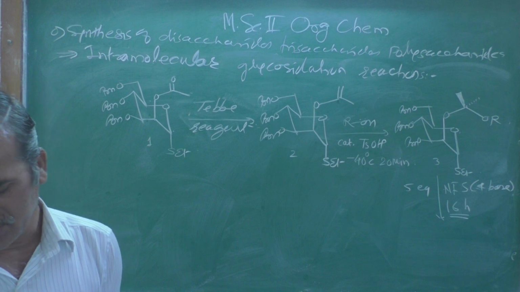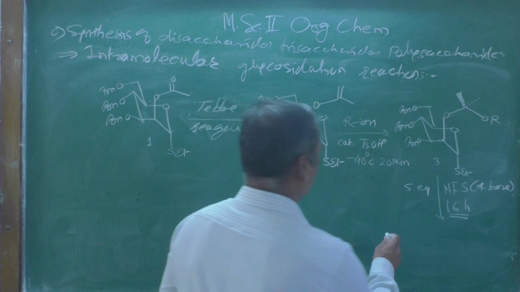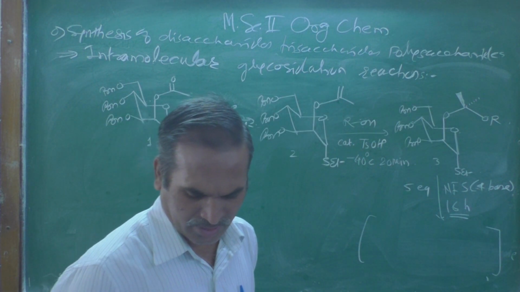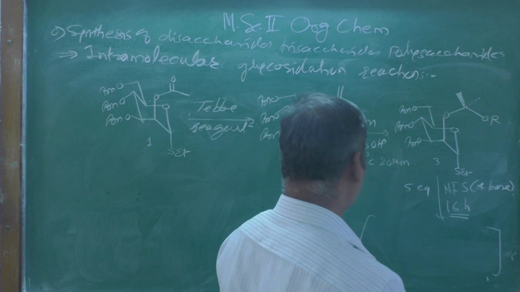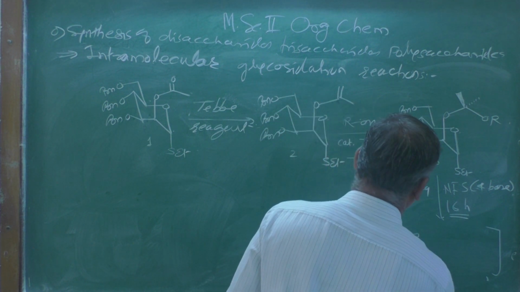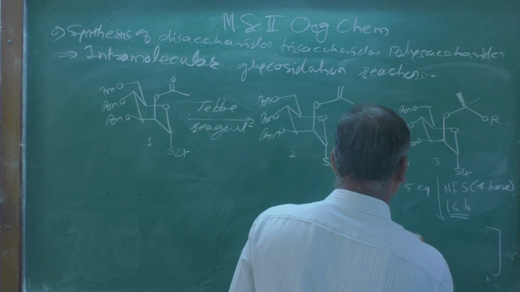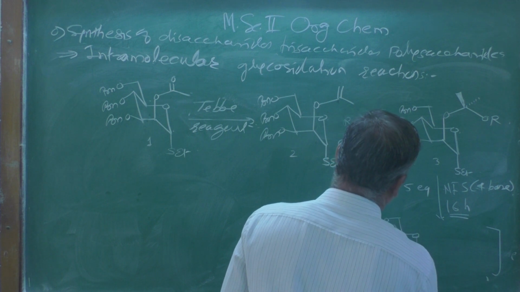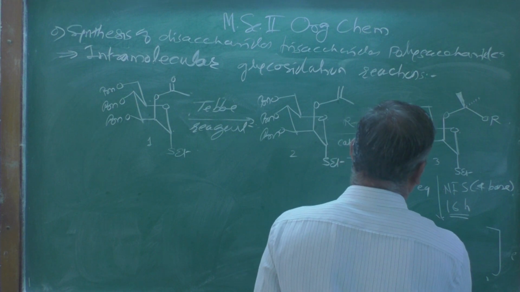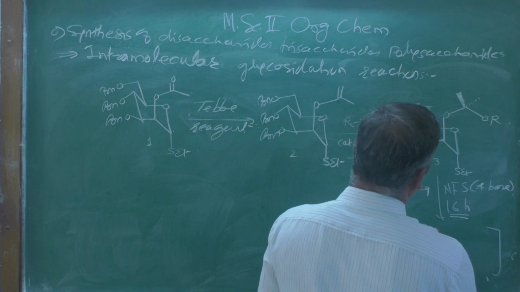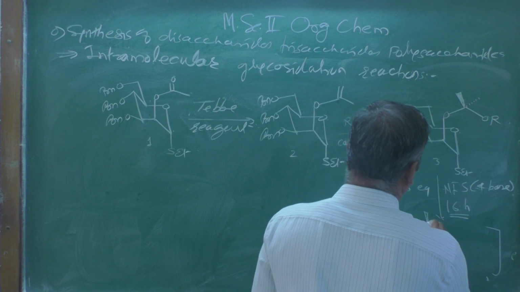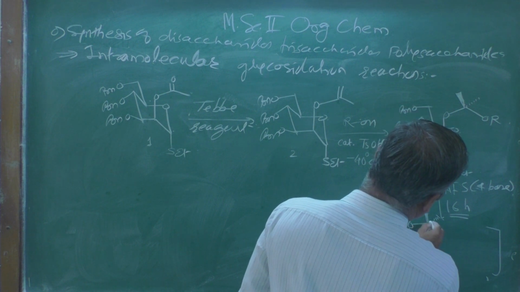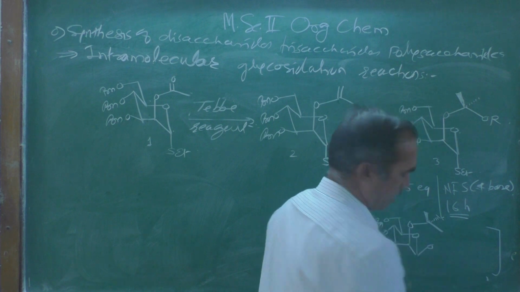After adding these reagents, we get this type of intermediate. The other groups we can show as they are, OBn, OBn, here O, here also O, then one group below the plane, one group above the plane.